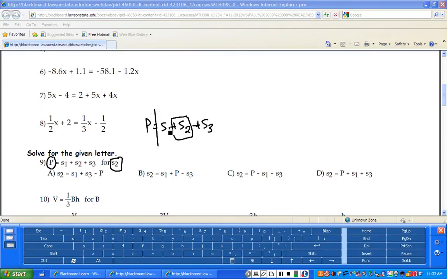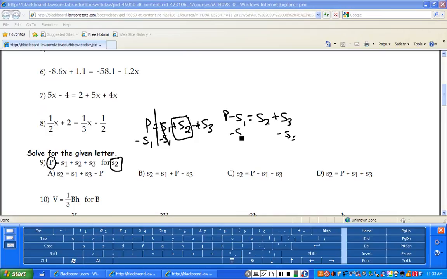Now this S1 is positive, so I subtract S1 to move it. If I do it on one side, I have to do it on the other side. So S1 cancels. P minus S1, these are not like terms, so we write it out. P minus S1 equals S2 plus S3. Still want S2, so we've got to get rid of the S3. So subtract S3 on both sides.